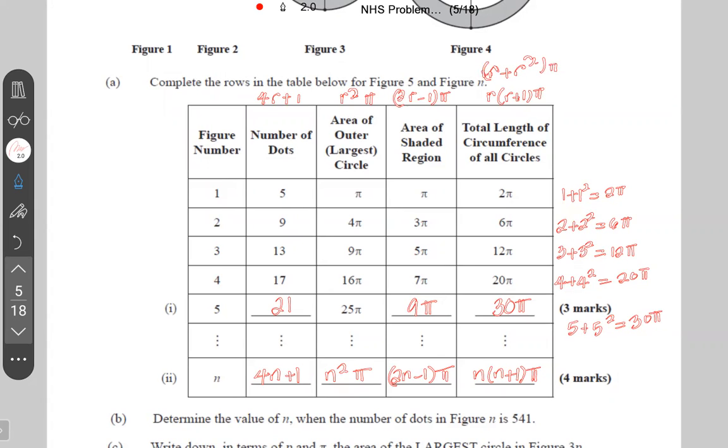This is an alternative approach, but I should have seen it's actually the same thing. What's the common factor in r plus r squared? R. When you factor out the r, you get r multiplied by r plus 1. It's the same thing. Very good that you spotted it, because I didn't spot it initially.